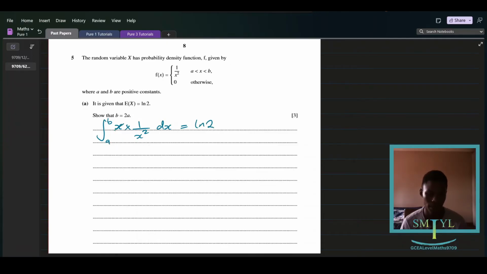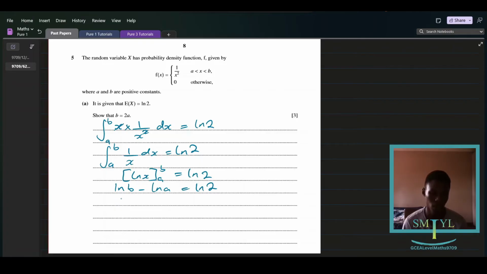So we can simplify here, cancel out, you end up with the integral from a to b of 1 over x with respect to x, and it's equal to ln 2. If you integrate, you get ln x with the limits a and b should be equal to ln 2. Substitute in your limits, you get ln b minus ln a is equal to ln 2.